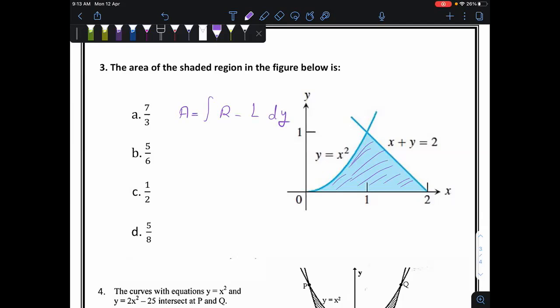If it's upper minus lower, it will be dx. Right minus left here. So we should solve this equation as y equal negative x plus 2. Okay, the limits of integration are between what and what? From 0 to 1.